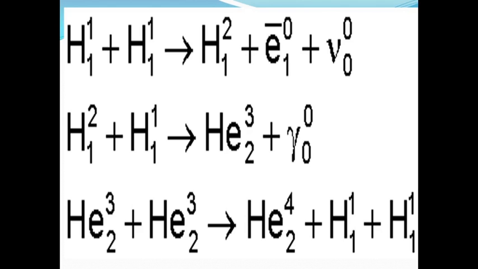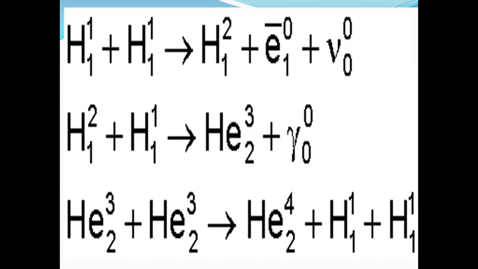Again, H12, the product of the first reaction, combines with another H11 to give He23 plus gamma. After these two reactions you will get He23, and this keeps producing more and more. Now two He23 combine and form He24 plus H11 plus H11.